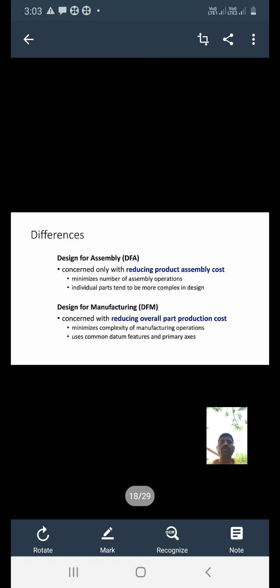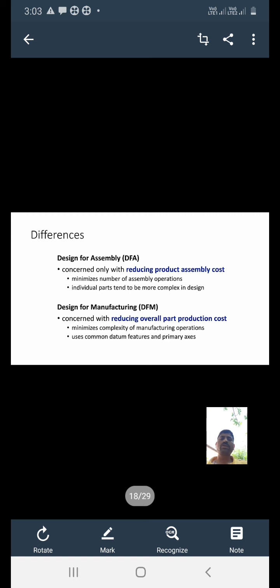Then design for manufacturing is concerned with reducing the overall part production cost. You can reduce production cost with the help of DFM. Also with the help of DFM you can minimize the complexity of the manufacturing operation.